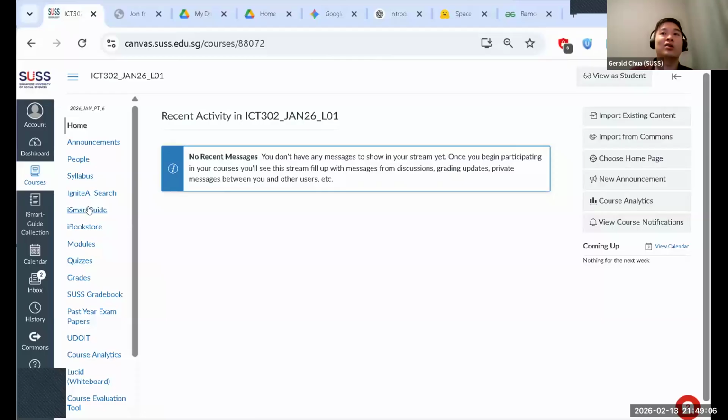Okay, so just to help you, Amanda, in case you need some clarity, somewhere in one of your groups you go to the iSmart guide, and that's where there will be more material to help you.